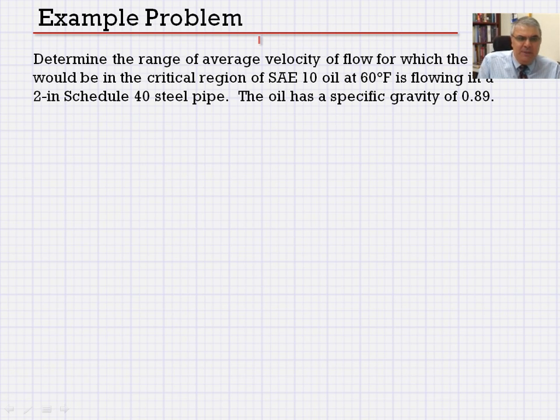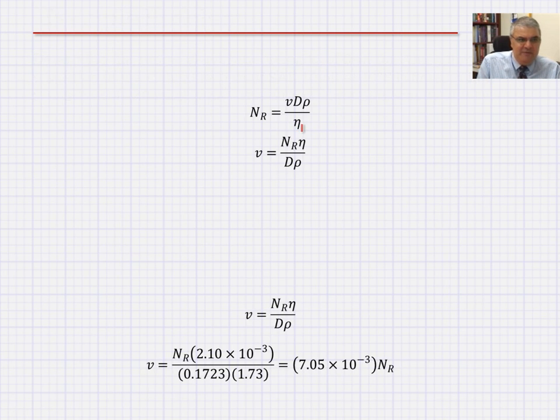So this information is given. We are trying to determine a range of average velocity that specifies the critical region for the flow of a fluid with the following information. Of course, the conduit itself is a 2-inch Schedule 40 steel pipe, and the oil has a specific gravity of 0.89.